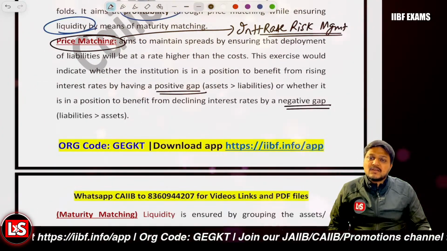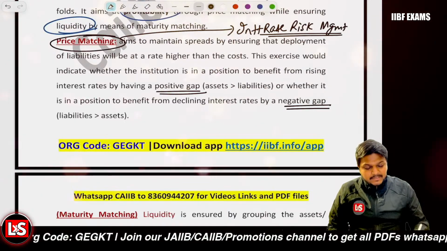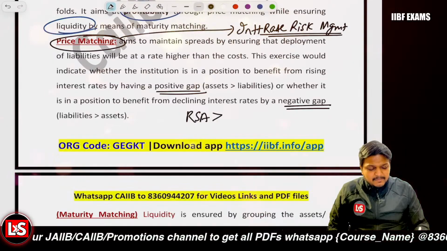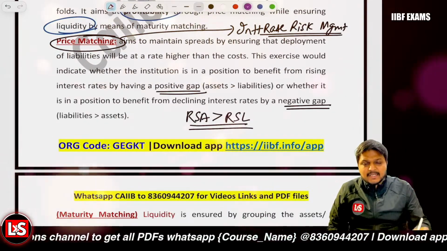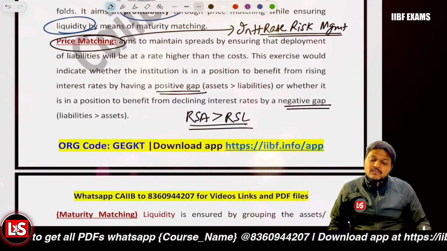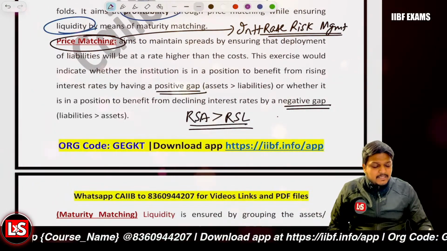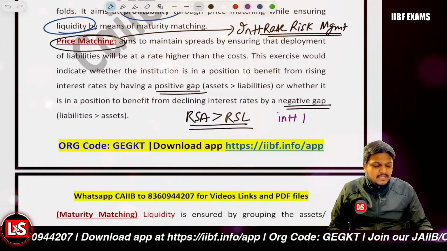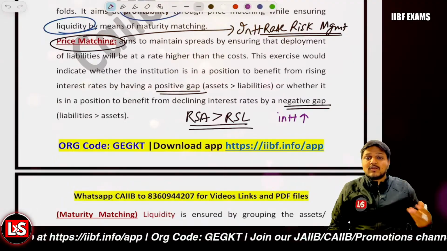A positive gap means you have more rate sensitive assets as compared to rate sensitive liabilities. Now, what will that indicate? If the interest rate increases, in that scenario, will you have more gains or lesser gains?